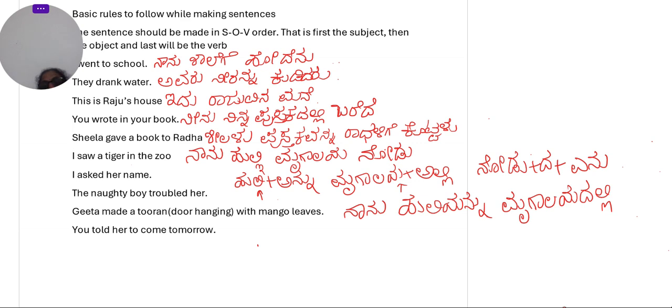Then nodu, de and enu, when you join them together, it will become nodidenu. Nodidenu means saw, I saw. Okay, so now the sentence is Nanu huliyannu mrugalayadalli nodidenu. So this is how the sentence is formed. Now I will write it here.